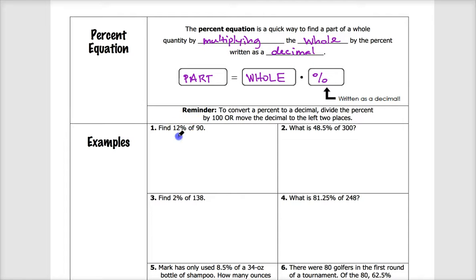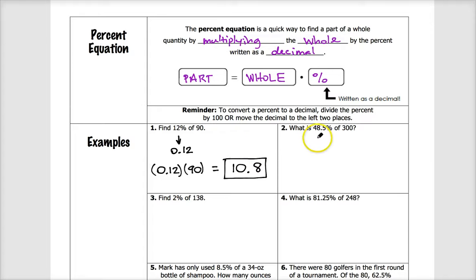So 12% as a decimal is going to be 0.12, and then I just need to multiply that decimal times my whole part of 90. Of means multiply in this case. So 0.12 times 90 is going to give me 10.8. So that means 10.8 is 12% of 90.